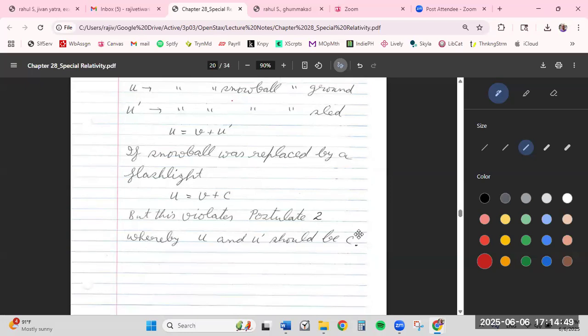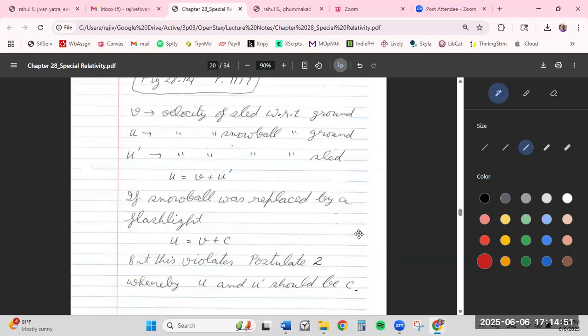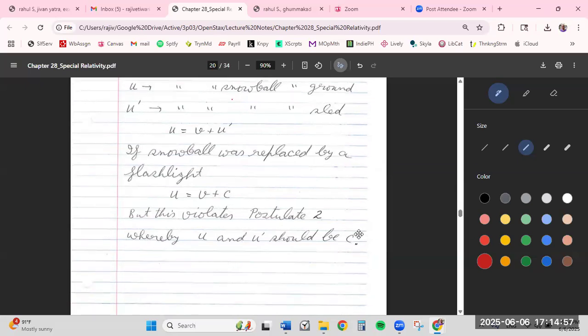Now, to see why this equation needs to change when you get to relativistic speeds, consider that the snowball was replaced by a flashlight. So the girl is shining a flashlight first to the right. Then u prime will be equal to c, the speed of light.